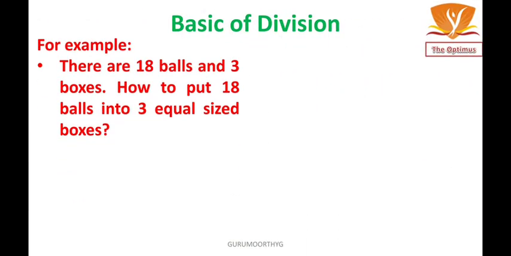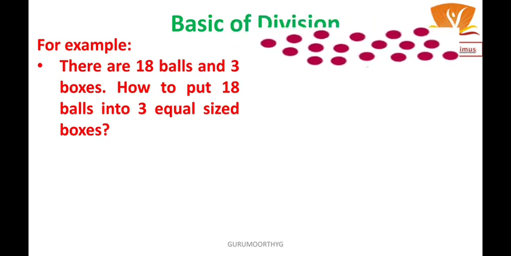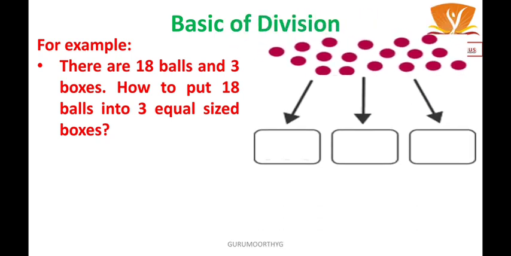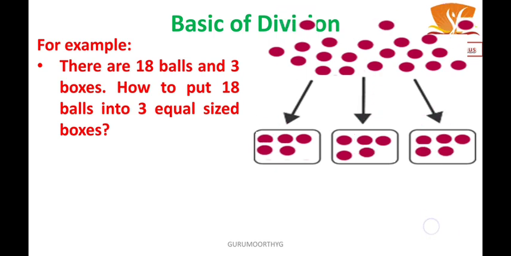How to put 18 balls in 3 equal sized boxes? Dear kids, it is very simple. Put one ball in each box. Continue this process till all balls are over. 18 balls have been shared equally in 3 boxes to get 6 balls in each box.